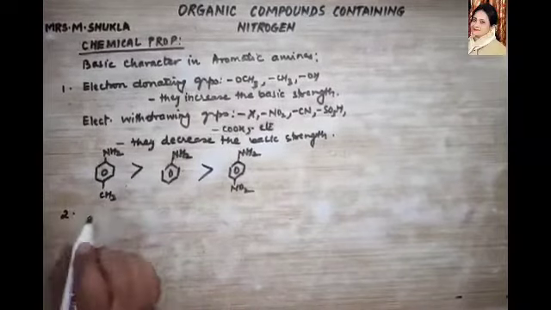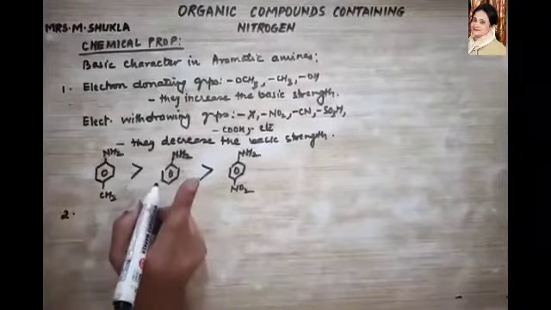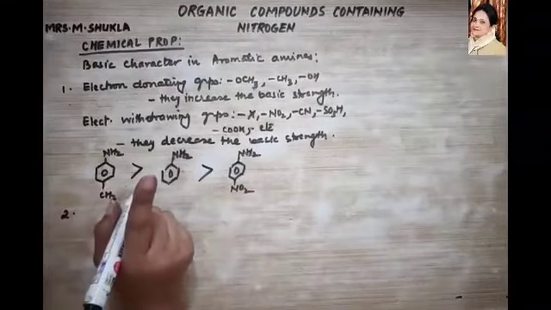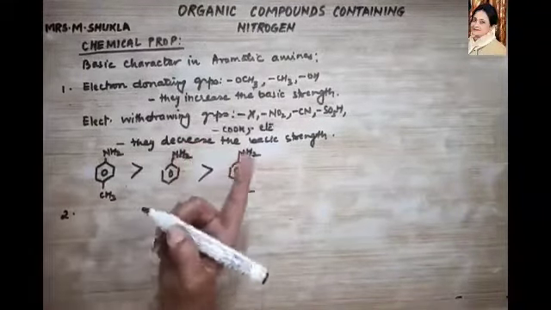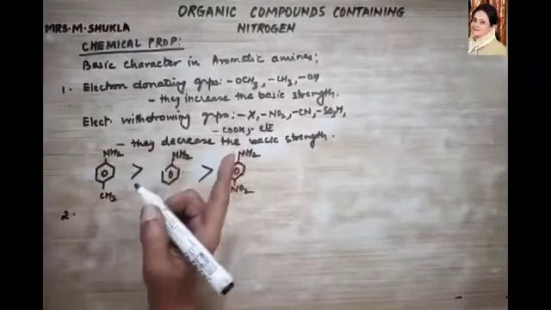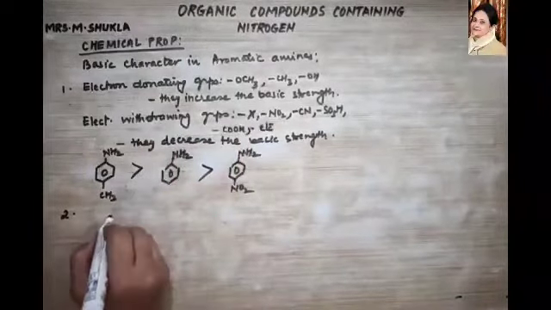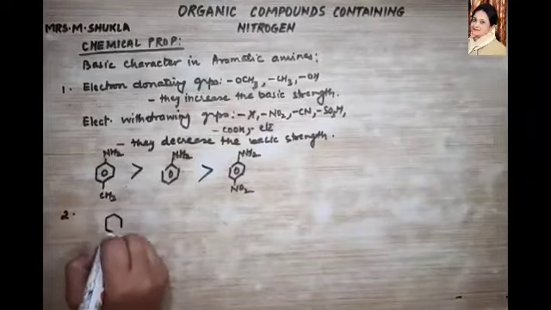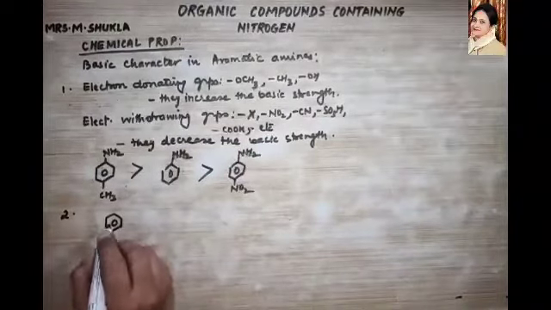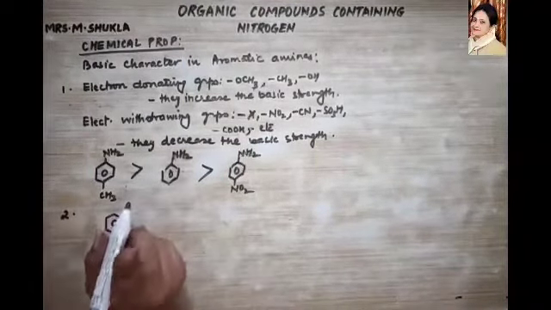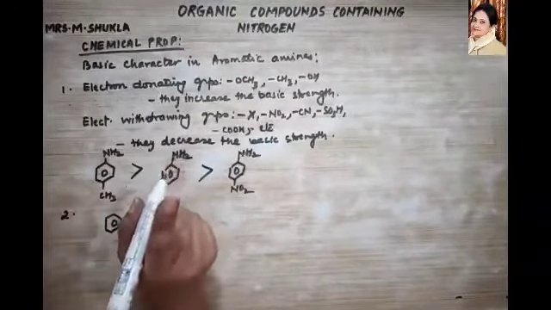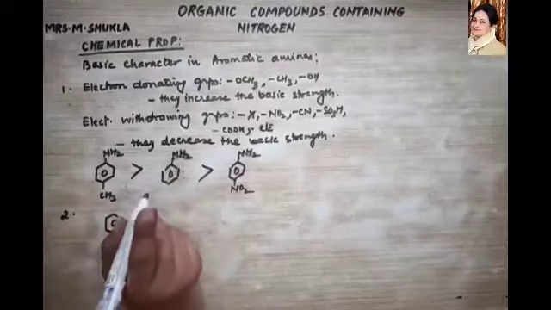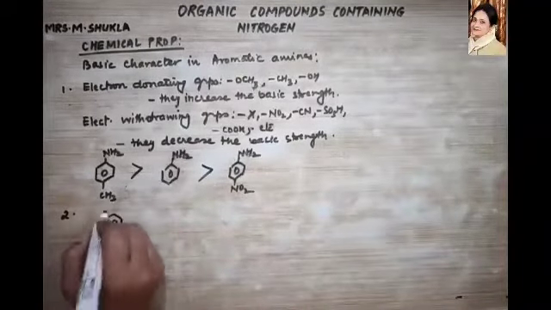The base weakening effect of electron withdrawing groups and the base strengthening effect of the electron releasing group is more marked at the para position than at the meta position. So what did I say? That the base weakening effect of the electron withdrawing groups and the base strengthening effect of the electron releasing group is more marked at the para position.